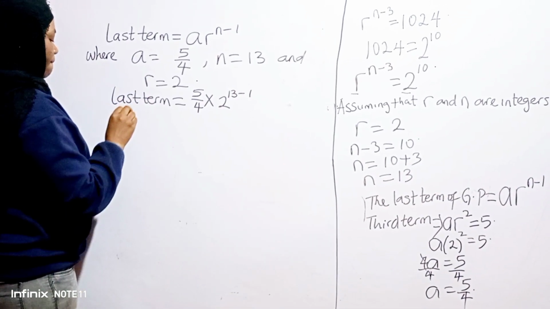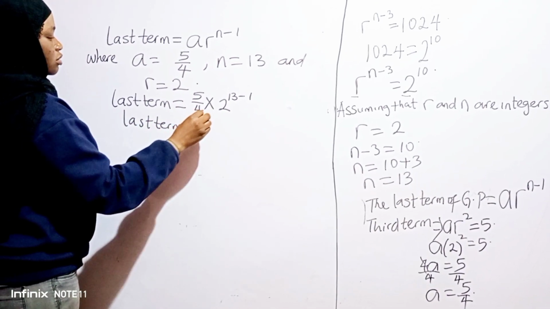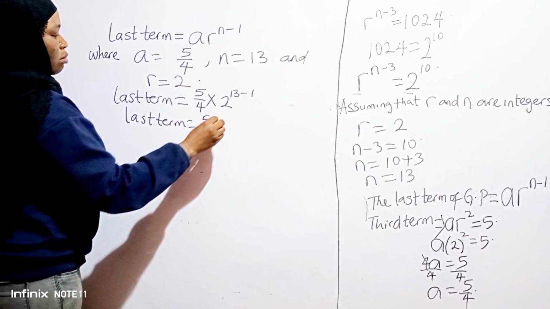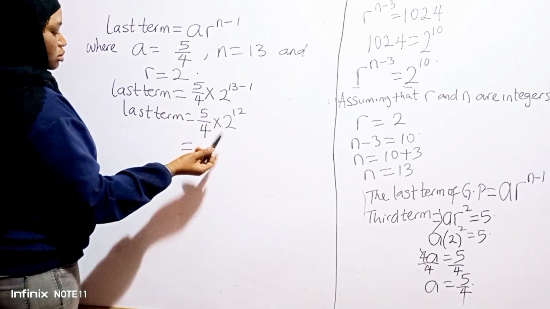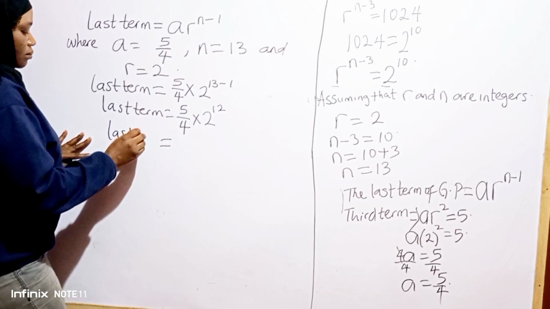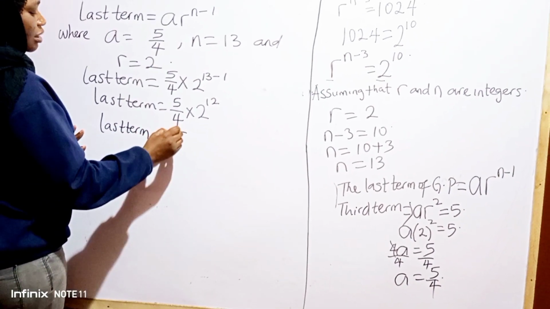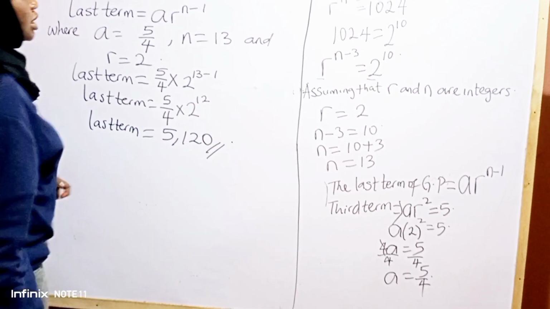So the last term is equal to 5 over 4 multiplied by 2 raised to the power 12. So the last term is equal to 5,120. So that's how to do that.